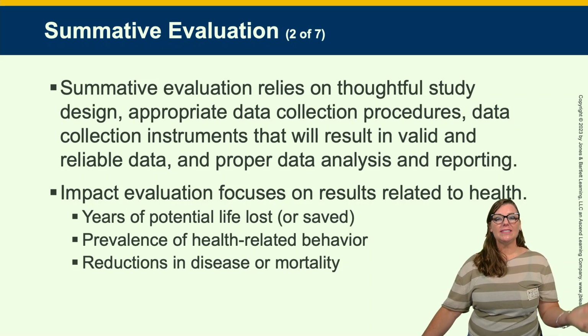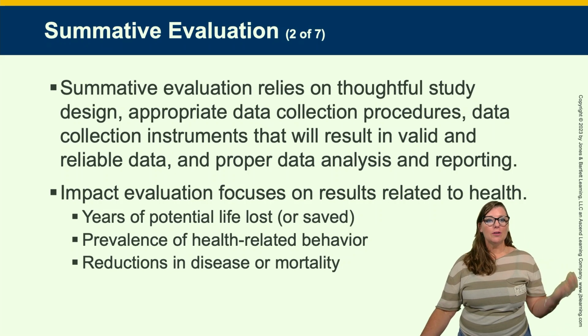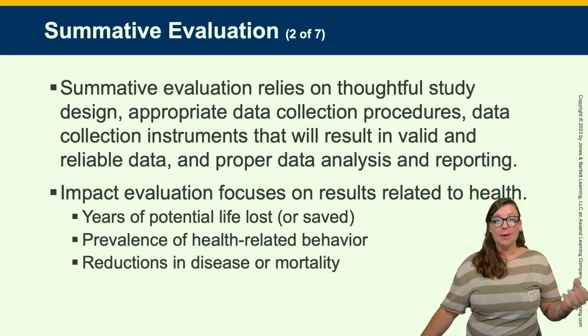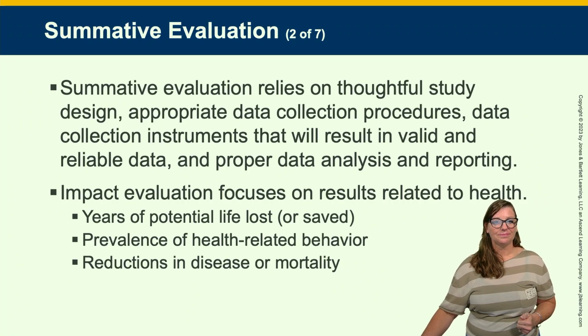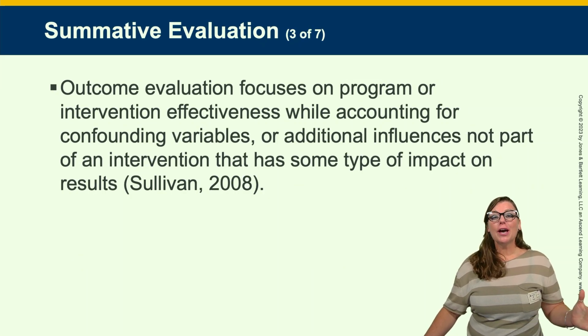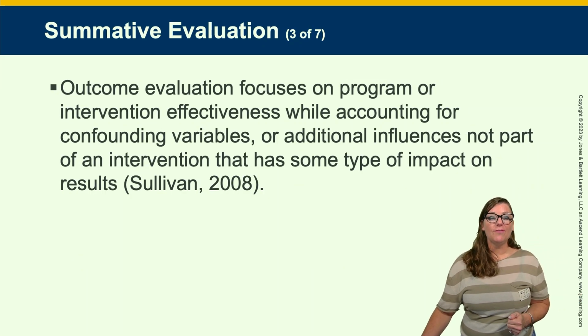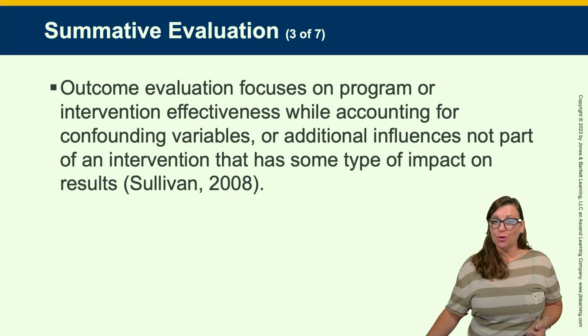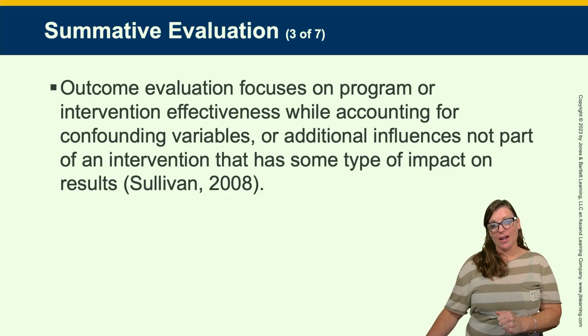Outcome is where we see the big picture in morbidity rates and mortality rates. You can think of the impact as the leading indicators, and the outcomes are the final results. Outcome evaluation includes confounding variables, meaning other stuff is always happening, and your program does not get to take credit for everything.